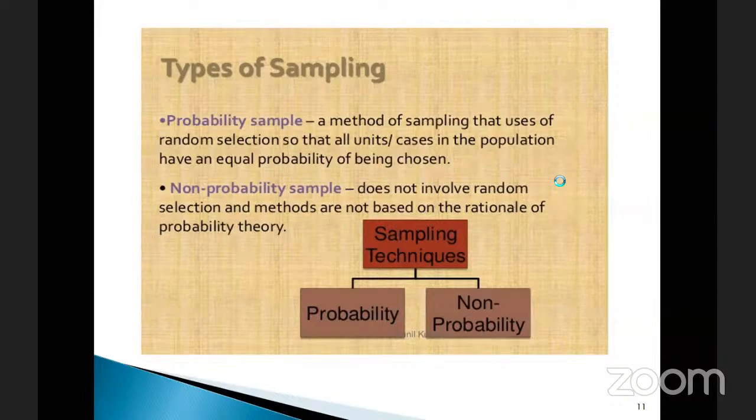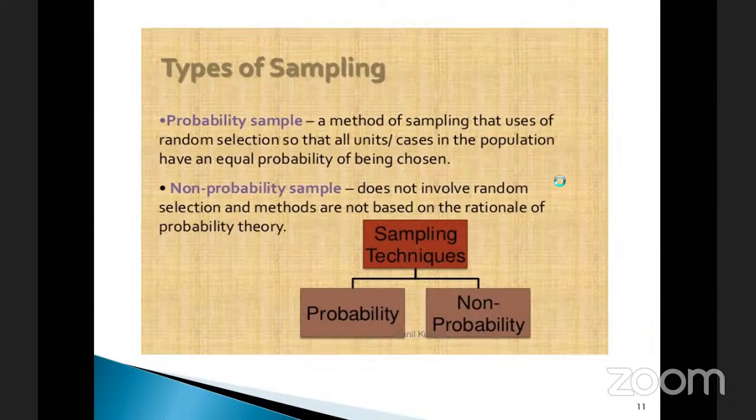For instance, if we are sampling from 100 and we take 1 out of 100, the probability is known, it is 1 out of 100. And if we take 50 out of 100, the probability is 50 out of 100, which is half. So the probability is known. That's what we mean by probability sampling method, where the chance of inclusion is known.